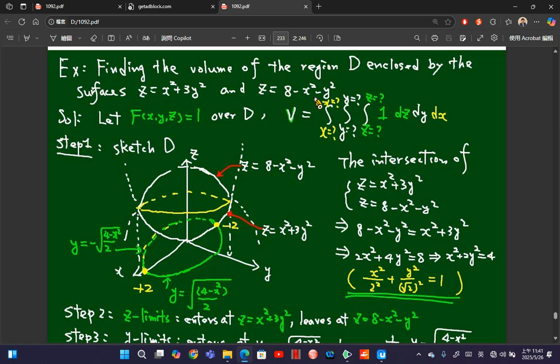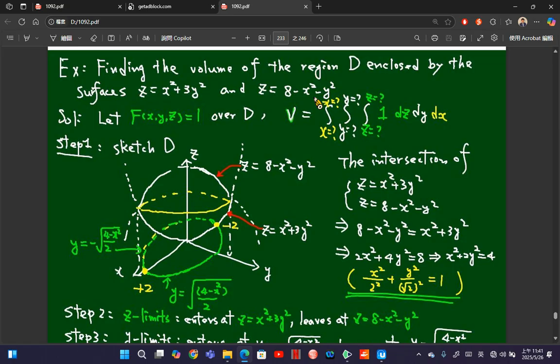So in the beginning it is dz, right? Remember, we emit the ray parallel to the z axis and see which surface it enters. The enter point is z equals x squared plus 3y squared, and the leaving point is z equals a minus x squared minus y squared.